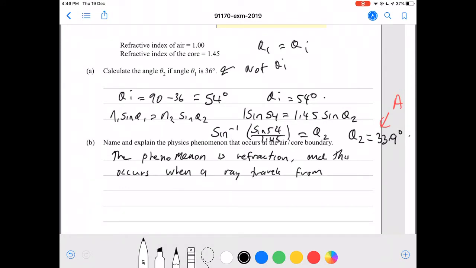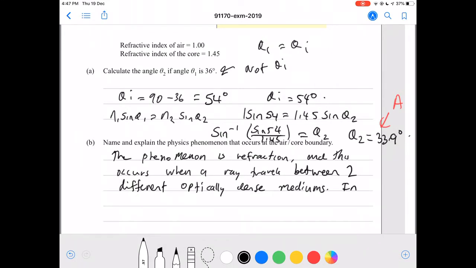Refraction in general is when the ray travels from one optically dense medium to a different optically dense medium.